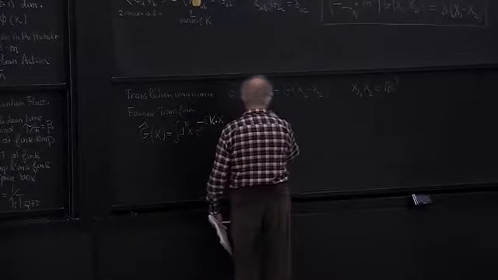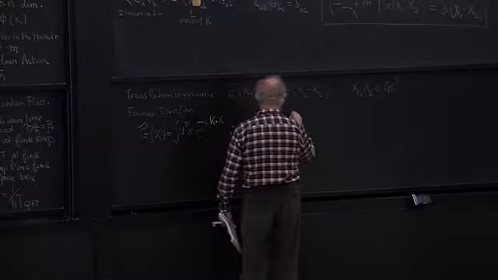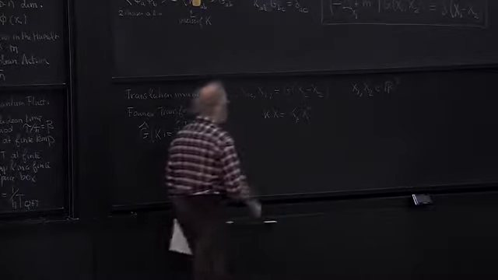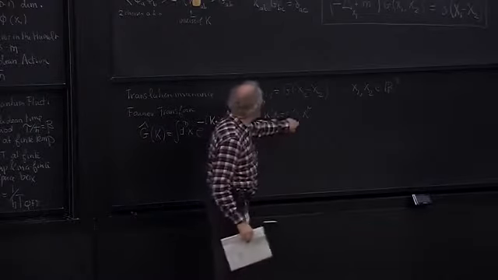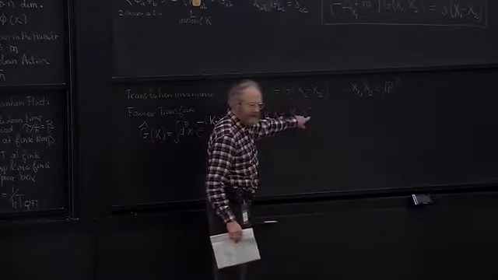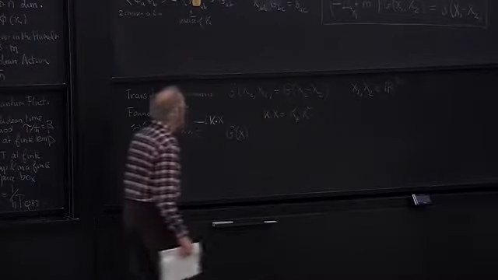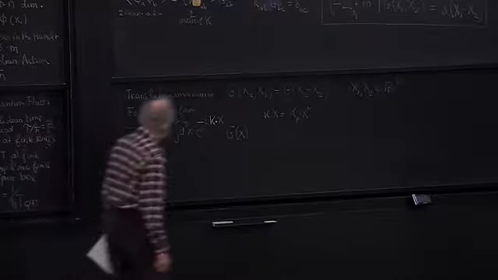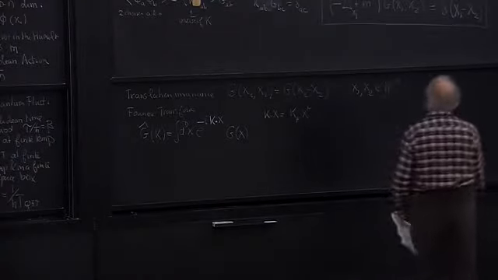These are vectors. Of course, k dot x means k mu x mu. We are in Euclidean space, so the fact that we have upper or lower indices is not important. So this is the definition of the Fourier transform. We have the inverse Fourier transform.